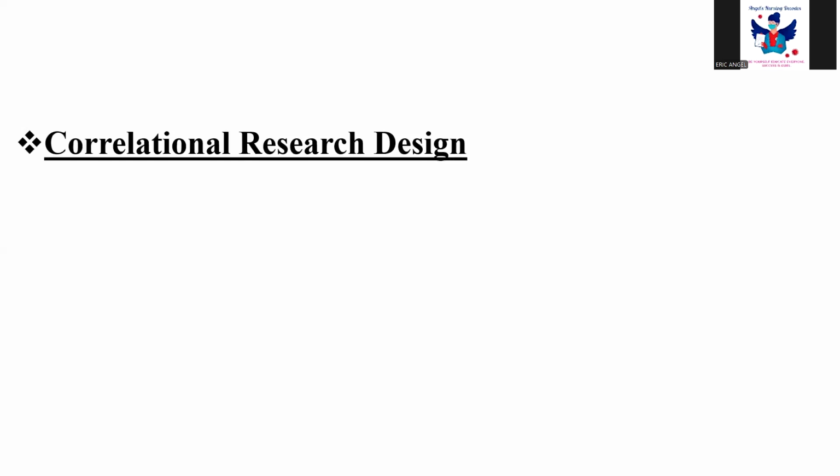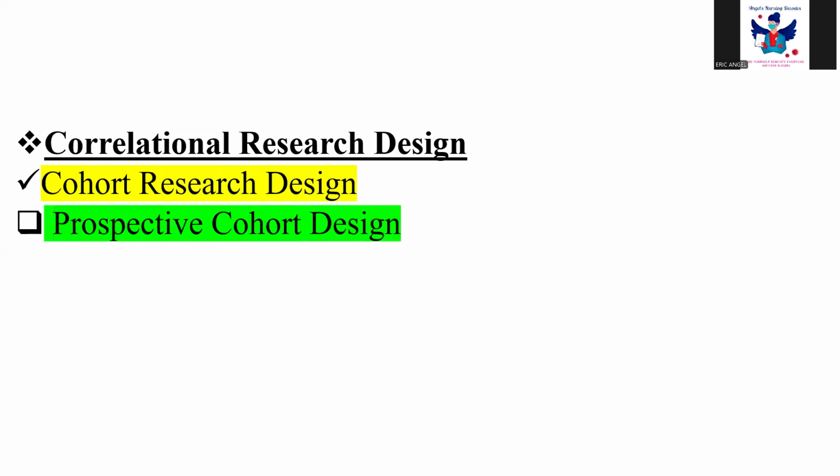Next, moving on, non-experimental observational research design. It is again categorized into correlational research design, descriptive research design, exploratory research design, and survey research design. So this correlational research design is again categorized into cohort research design.